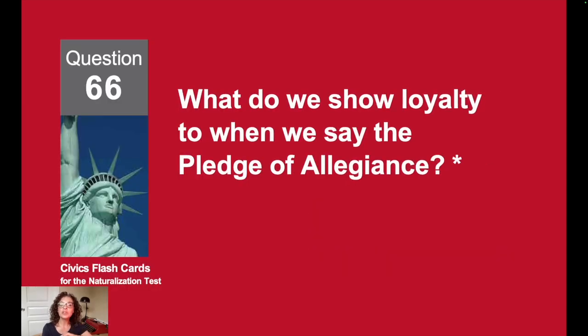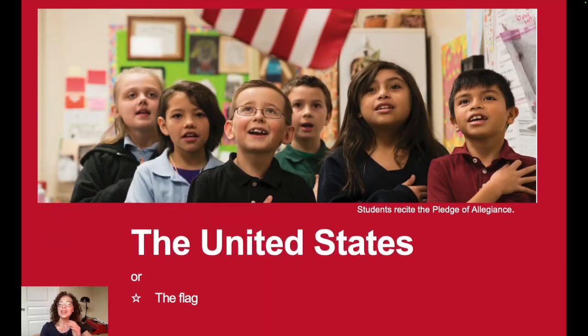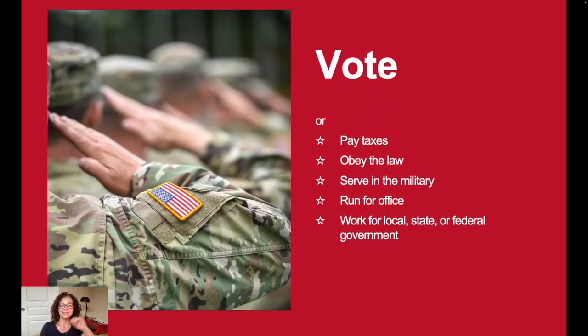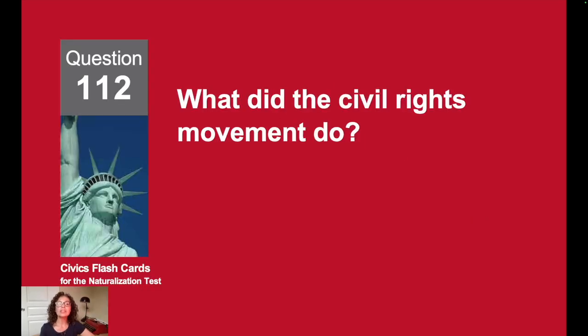What do we show loyalty to when we say the Pledge of Allegiance? The United States. What is one way that Americans can serve their country? Vote. What did the Civil Rights Movement do?